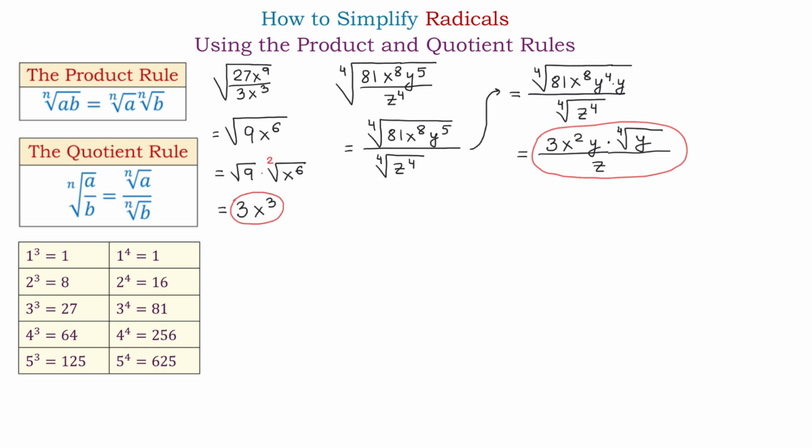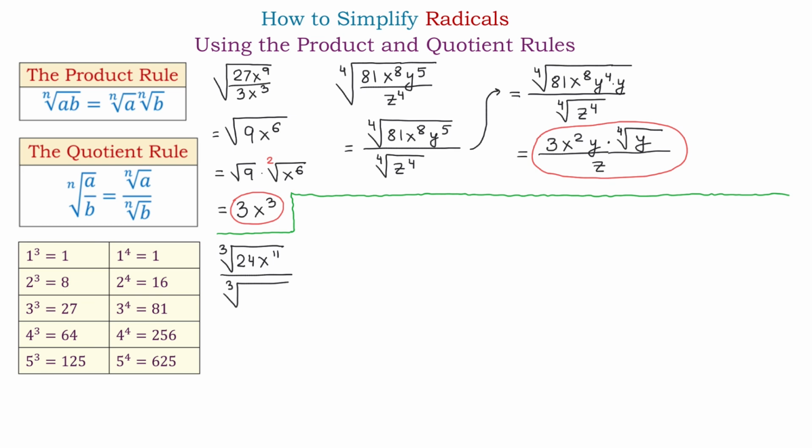And now let's see one more example. This is the third root of 24 x to the 11th power over the third root of 3 x squared. So this problem has cube roots, and if we look inside, none of these numbers are perfect cubes.